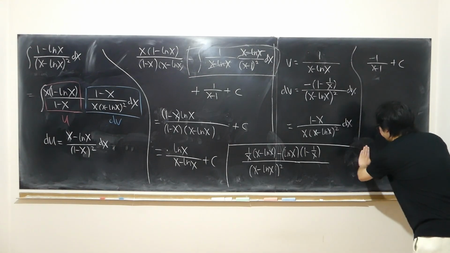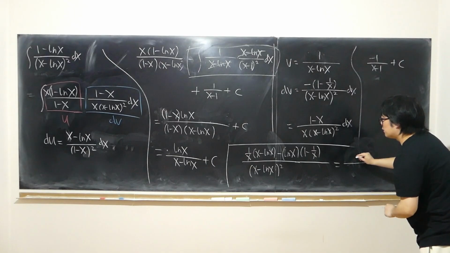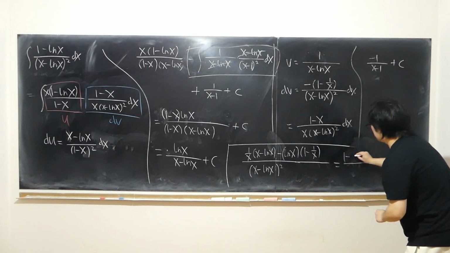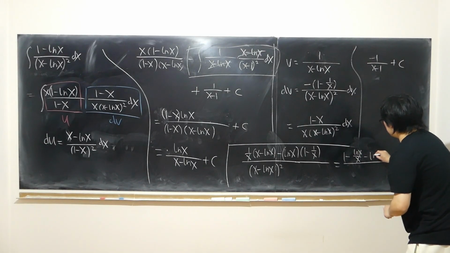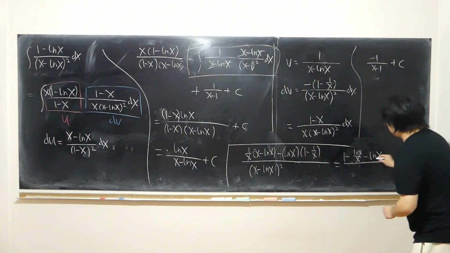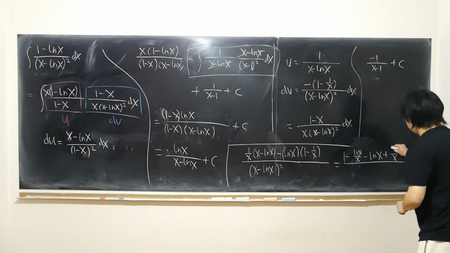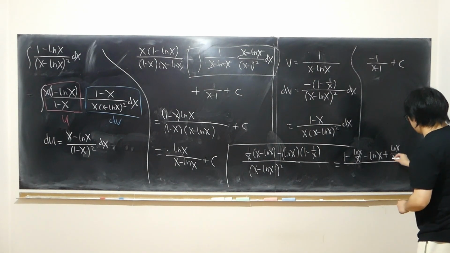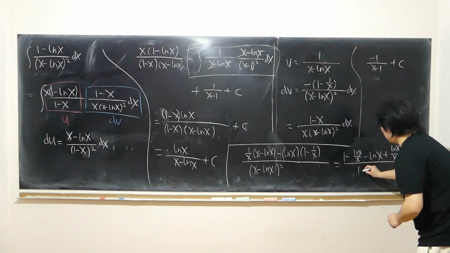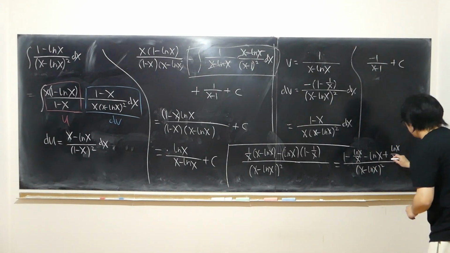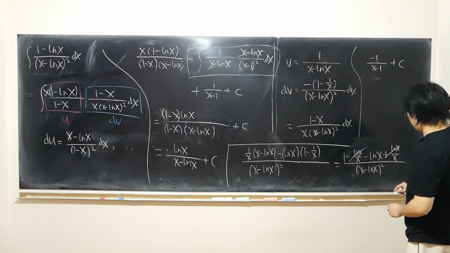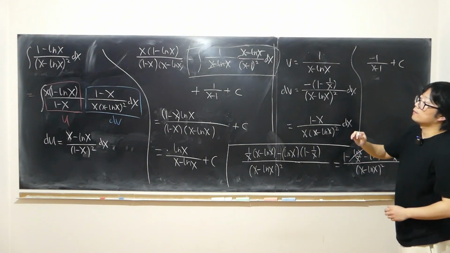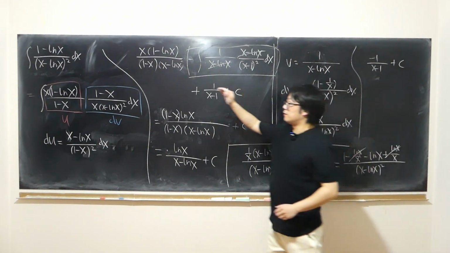So 1 minus log x over x minus log x plus x log x. Here they can get then x minus log x squared after you cancel these out. And I believe this is exactly the integrand.